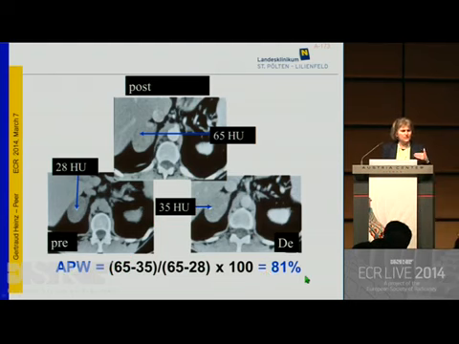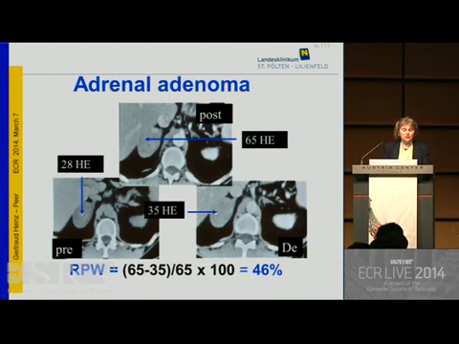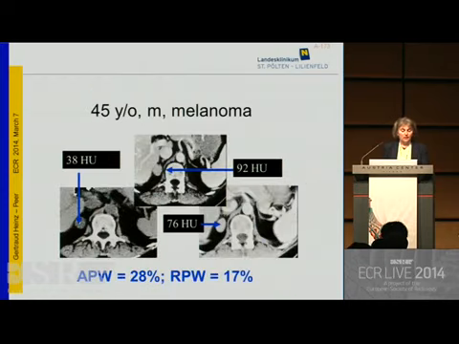That's clearly above 60%, indicating a benign lesion, and also the relative percentage washout with a 46% is clearly above 40%, again indicating a benign lesion, and this proved to be an adrenal adenoma.